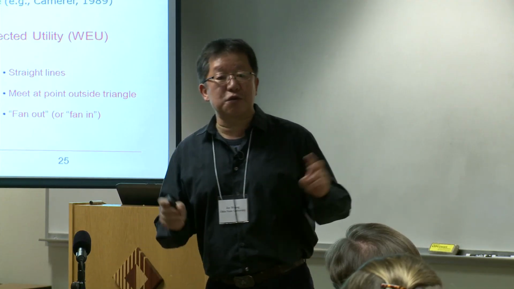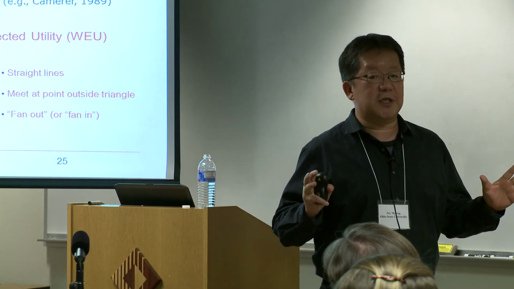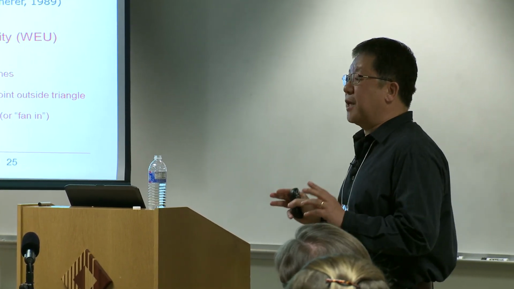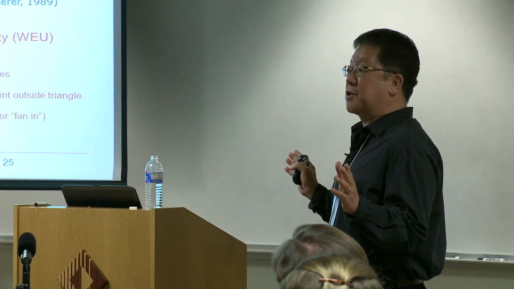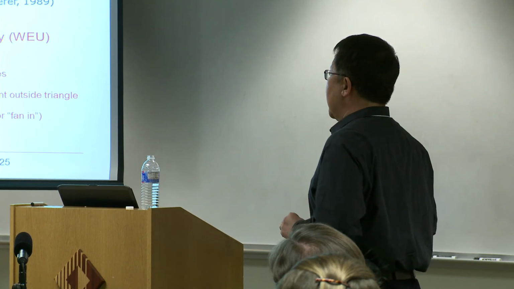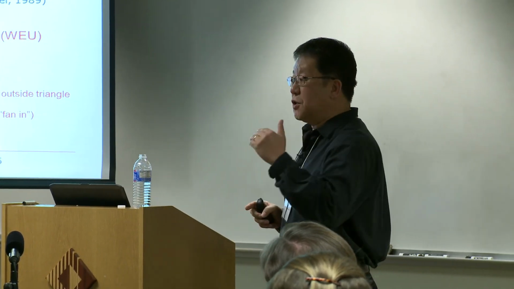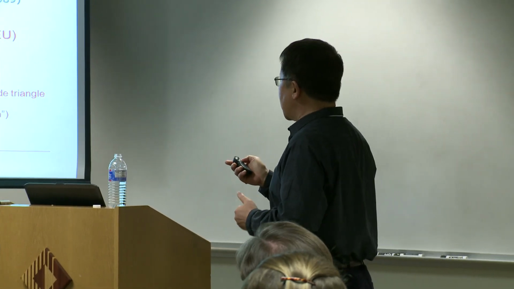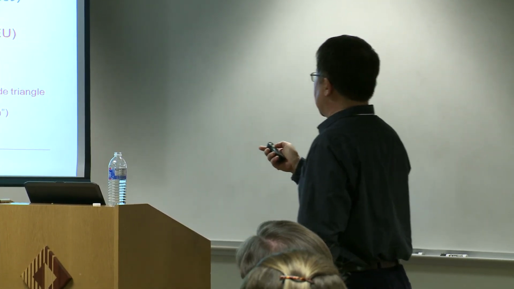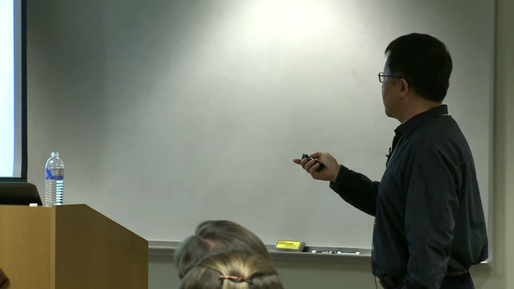So you can see that those two theories, expected utility and weighted expected utility, make qualitatively different prediction patterns of indifference curves, regardless of the actual utility function, as long as you conform to either EU or WEU. These are qualitative predictions made by each of these theories.